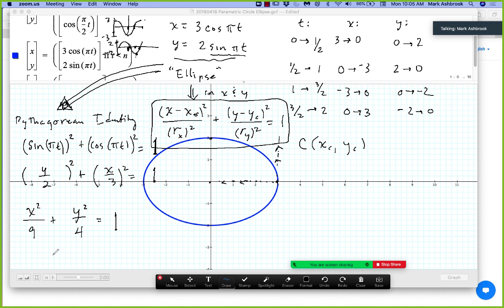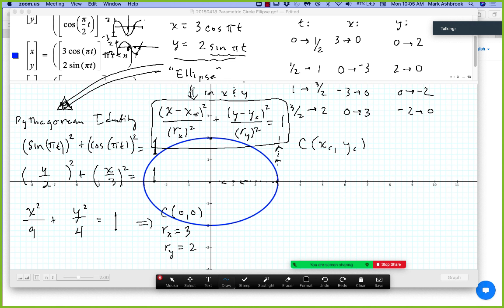And so, did we get the equation of an ellipse? Yes, center at 0, 0. What's the x radius? 3, since 9 is the x radius squared. So the x radius is 3 and the y radius is 2, and that's exactly the ellipse that we sketched from the parametric function.